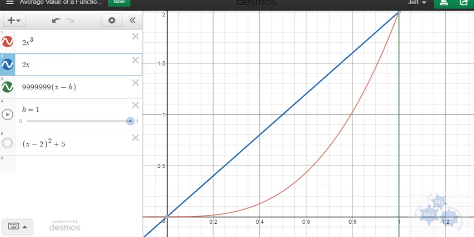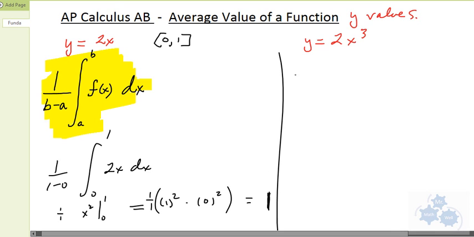So let's see what happens when we do this over here. So 1 over 1, integral from 0 to 1 of 2x cubed dx. So that equals, well, I'll show the one there, I guess.